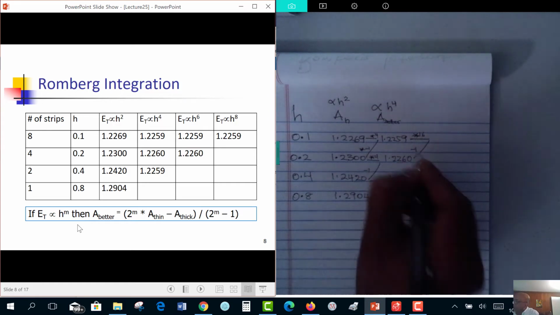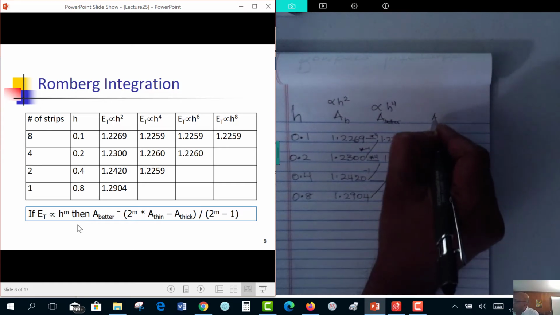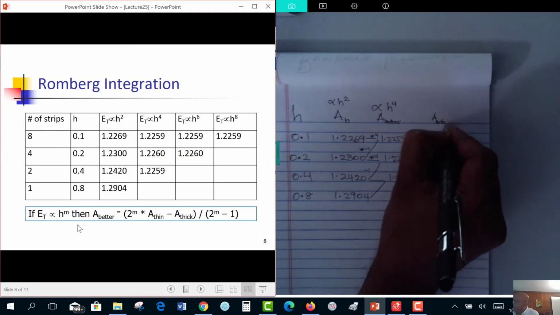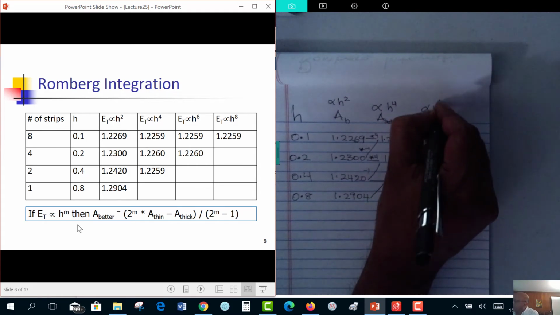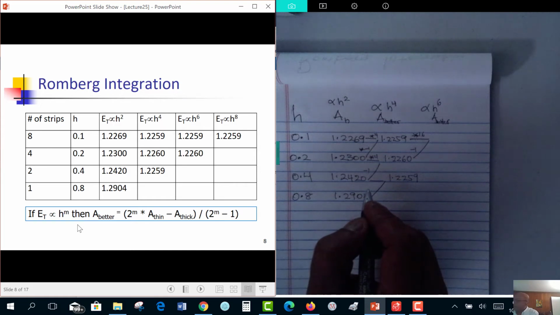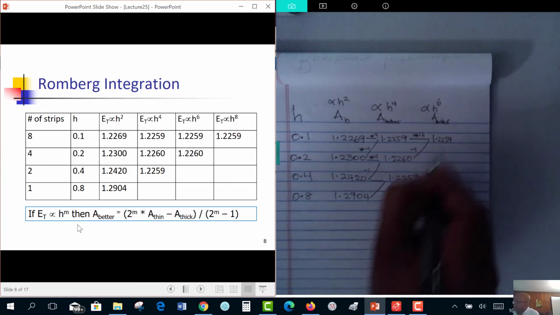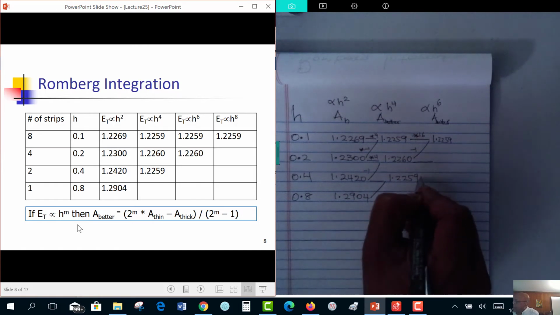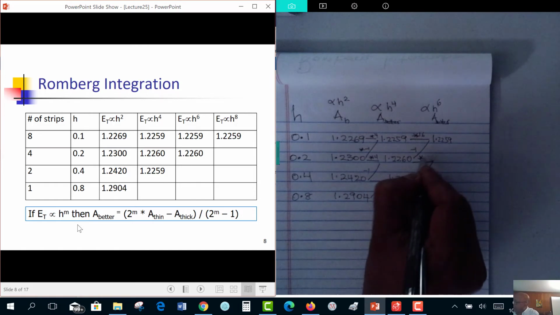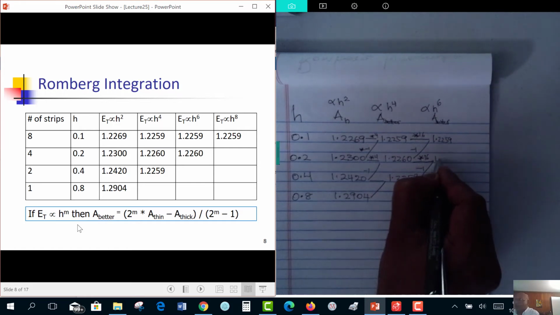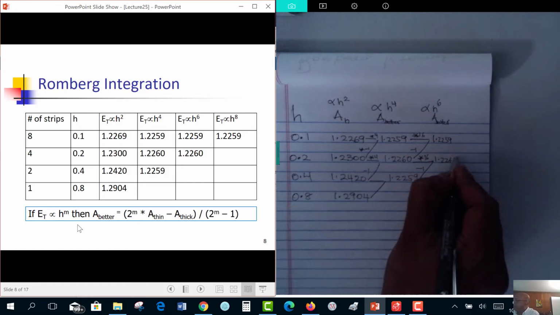Give this -1 unit of weight, so we can get an even better value, proportional to h to the power 6. So we'll get 1.2259. Similarly, combine these two, 16 weight to this, -1 to this, we'll get 1.2260.